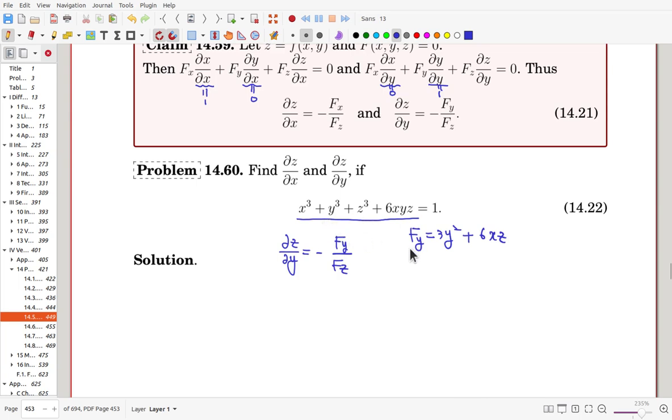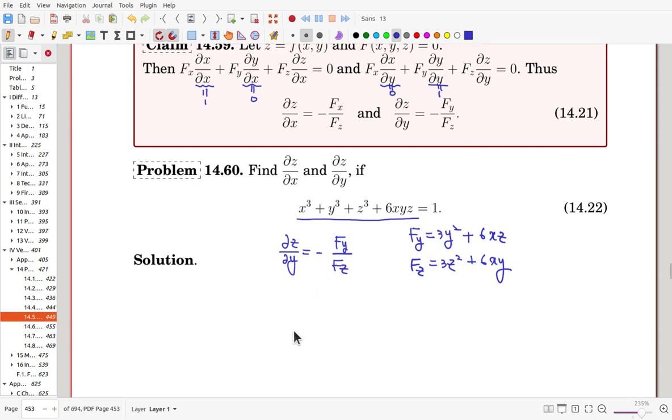When you are dealing with capital F, then z is an independent variable of capital F. So that y derivative must be 0. F sub z. Okay, the z derivative, this will be 0. And 3z squared plus 6xy. By plugging these two over there, you can finish the computation.